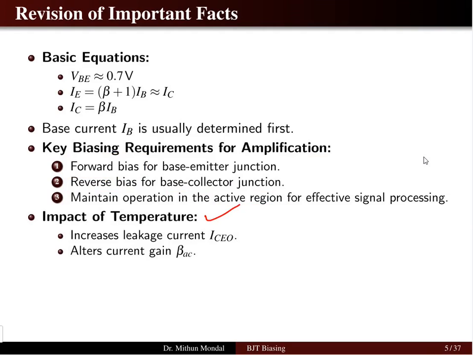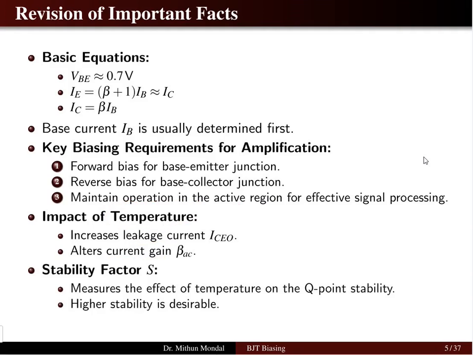Temperature has an impact because it will increase the leakage current and it will also alter the current gain. So temperature will have a significant impact on the operation of the transistor. The stability factor is a measure of the effect of temperature on the Q point stability, and higher stability is highly desirable for the BJT operation. So in order that the temperature does not change the BJT operating point, the transistor has to be stable, and for that we need biasing.